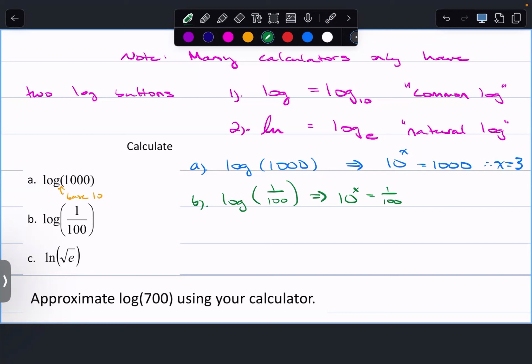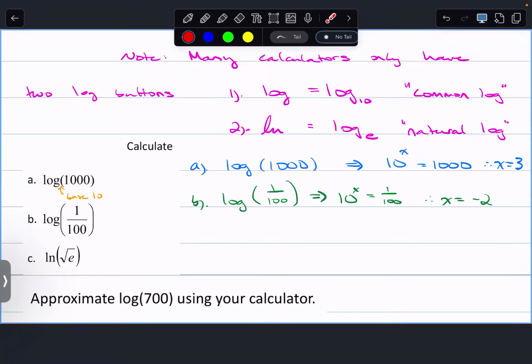When we were playing around with 10 to the power of 2, I know it's 100, but now I have 1 over 100, which means that that's going to be the same as 10 to the negative 2, right? So x is negative 2, which you can play around with. 10 to the negative 2 is the same as 1 over 10 to the 2 by those exponent laws. And so that's why we need to be really flexible on the exponent laws. 10 to the negative 2 is the same as 1 over 100.